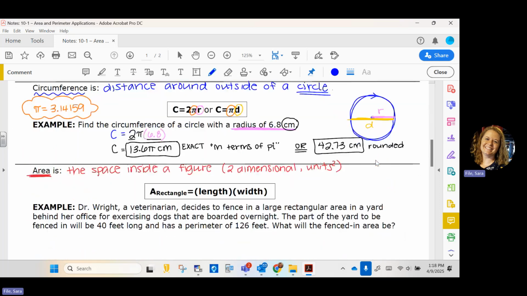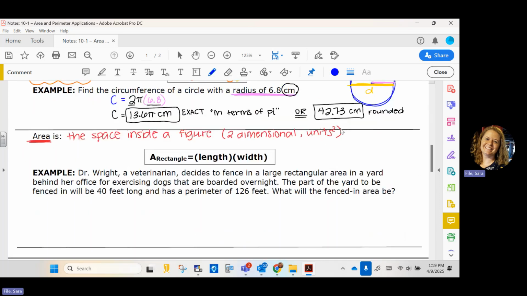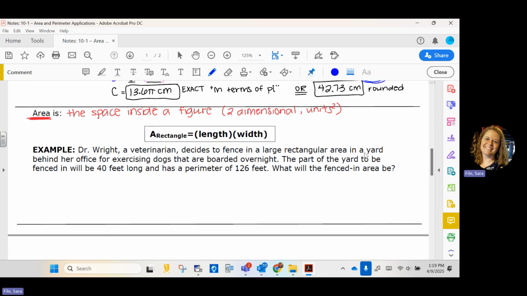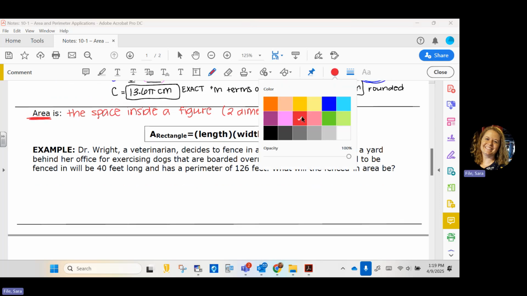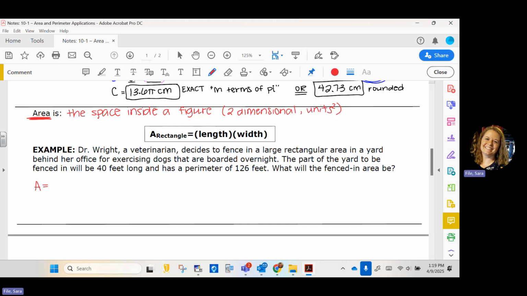Okay, but area is going to be your units squared. All right, for a rectangle, a rectangle does have a special equation for area. Area of a rectangle is length times width. So instead of adding the two lengths and the two widths together, we are multiplying the length times the width.